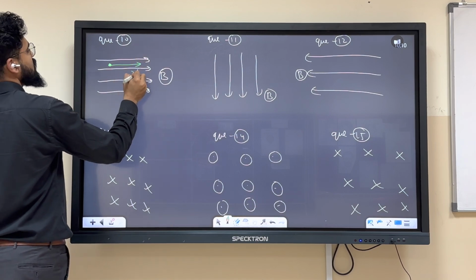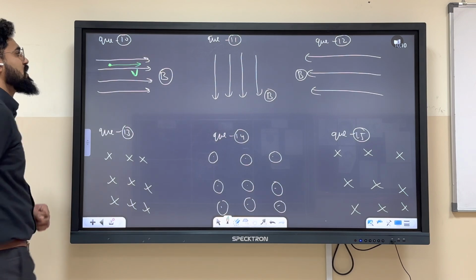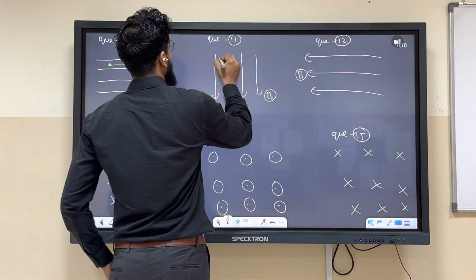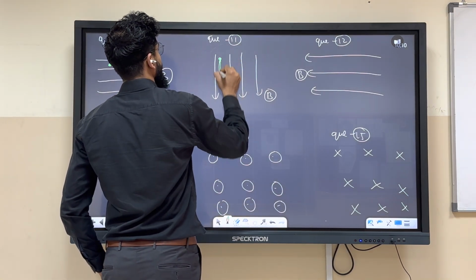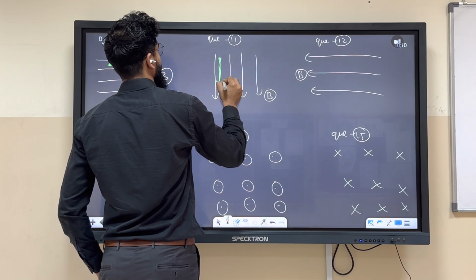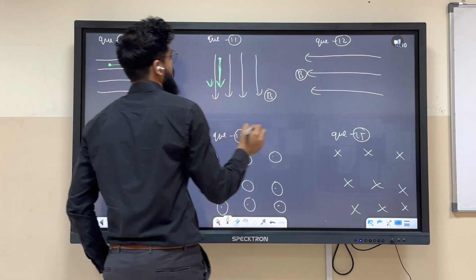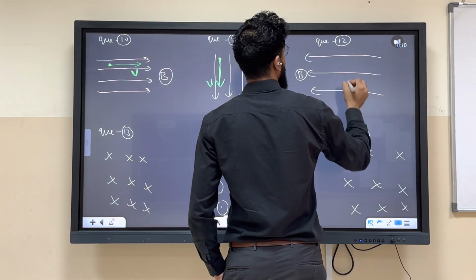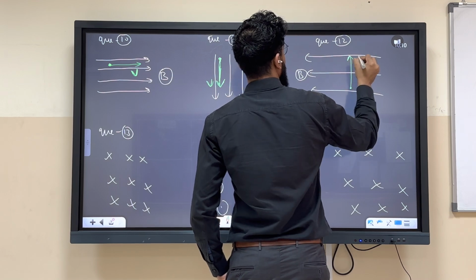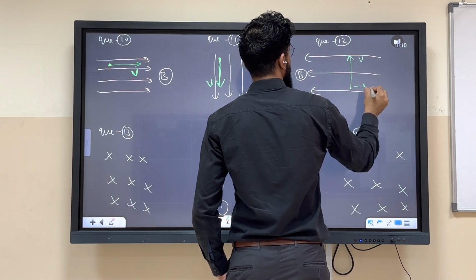Let's say velocity is in the same direction. Okay, velocity in the same direction. Now velocity in this direction, but this is negative q.